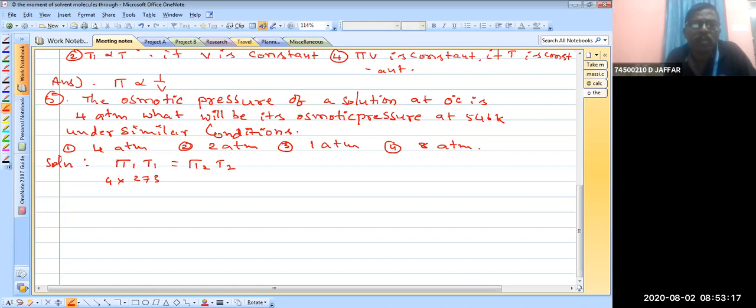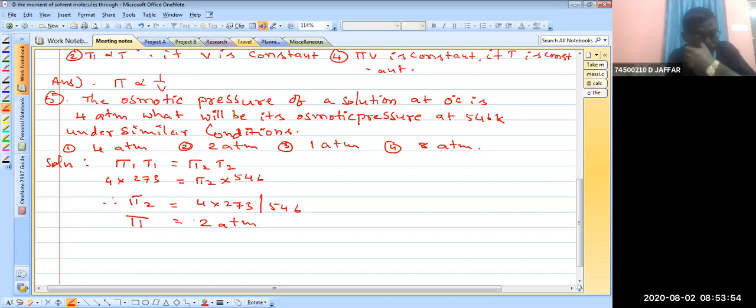That is equal to pi 2, which you want to find out, into T2, 546. Therefore pi 2 is equal to 4 into 273 whole divided by 546, which is equal to 2 atmospheres. Pi 2 is equal to 2 atmospheres. This is the solution.